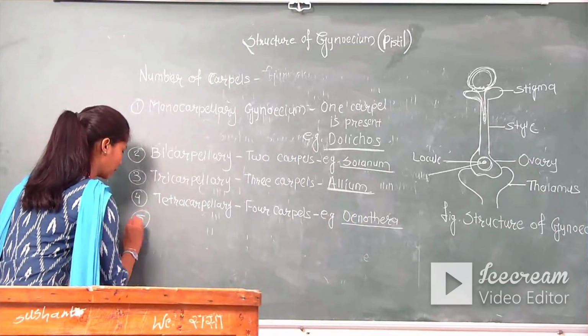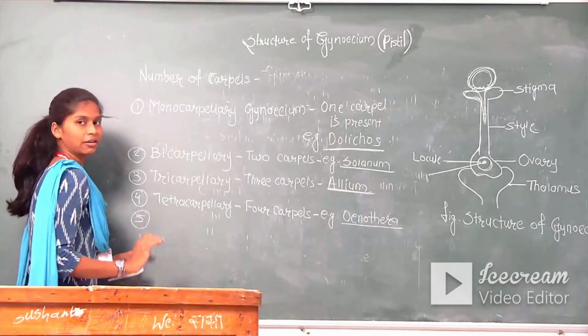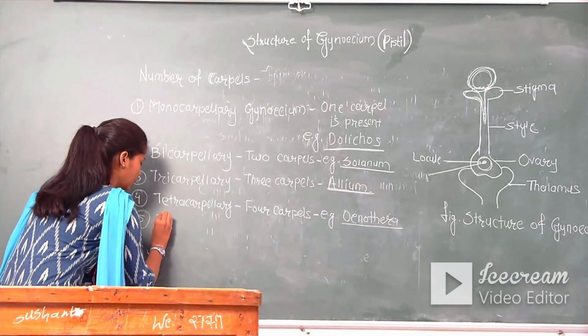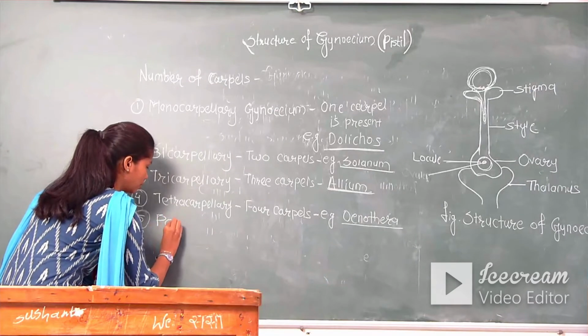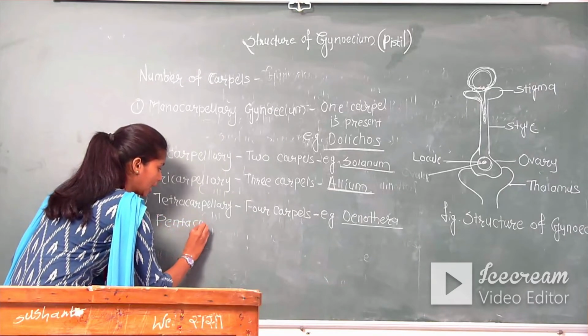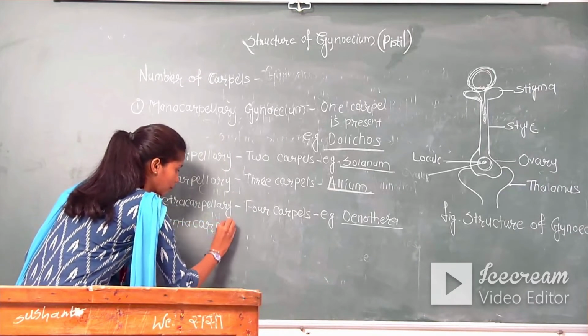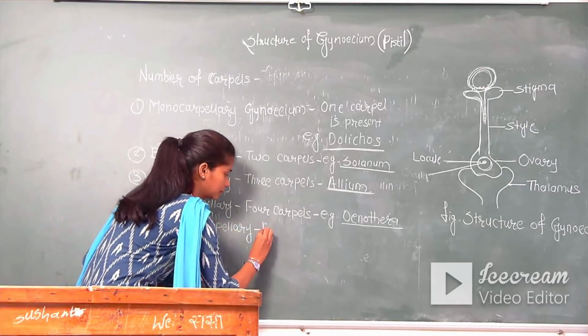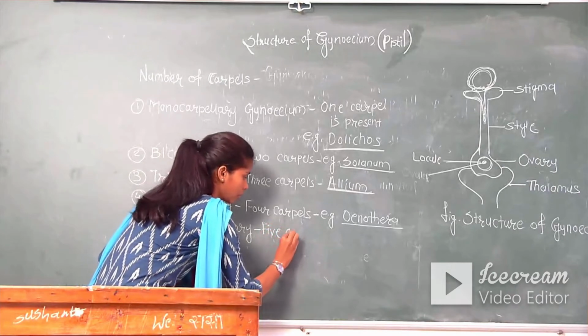If there are five carpels present in a single gynoecium, then that gynoecium is known as pentacarpellary. Example is hibiscus.